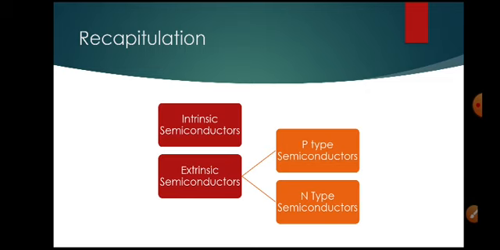So a pure semiconductor to which some suitable impurities are added is called an extrinsic semiconductor or impure semiconductor. The impurity materials are pentavalent and trivalent materials. These pure semiconductors, intrinsic semiconductors, are tetravalent.